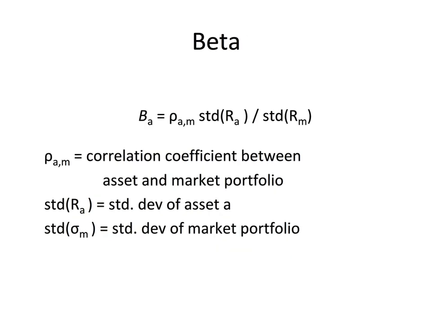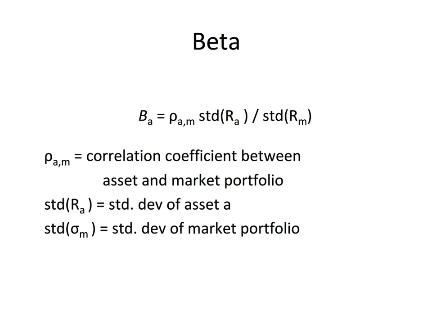The formula for calculating beta is given here. Beta for an asset equals the correlation between the asset and the market portfolio times the standard deviation of the asset divided by the standard deviation of the market portfolio. You can see the derivation of this formula in a couple of the references in the previous module.